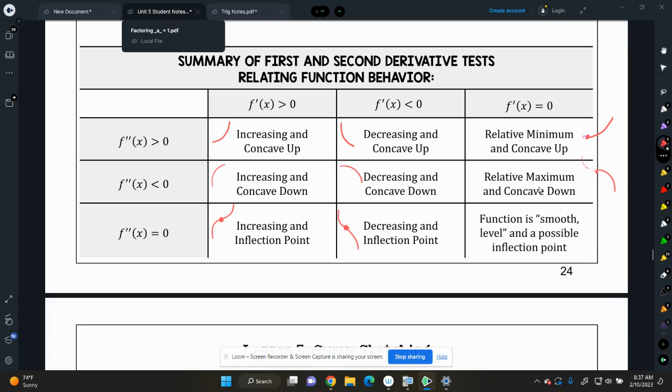The function is smooth and level and a possible point of inflection. Smooth and level. So f double prime is 0. f prime is 0. So if we look at the derivative function, that means it has a tangent, right?